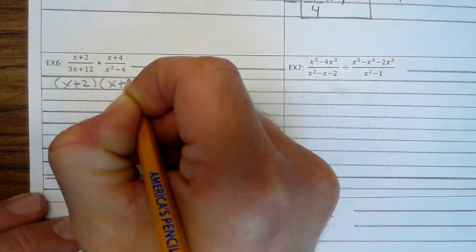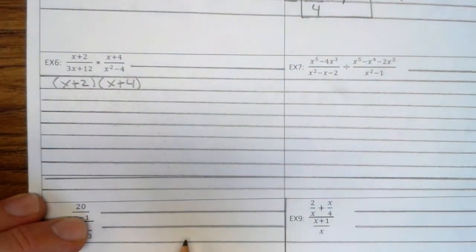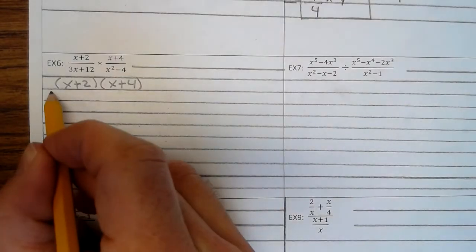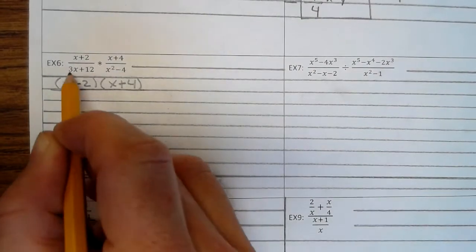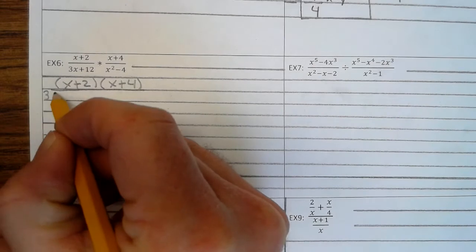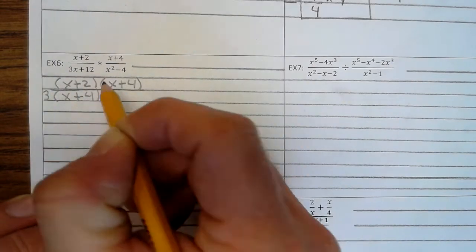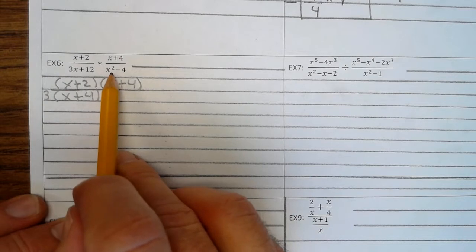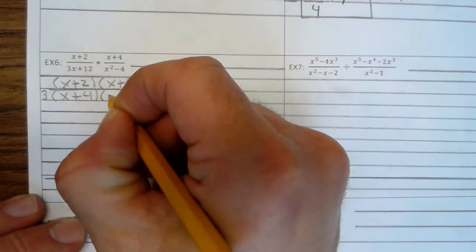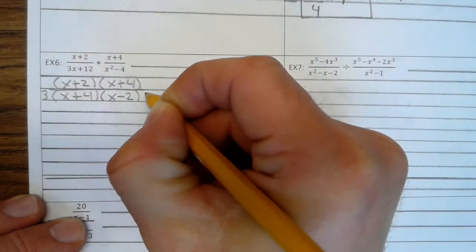And we're going to factor because we want to see if we can divide anything out. Well, we can factor out a 3 here, so that becomes 3 times x plus 4. And then this is the difference of squares, so that's factored to be x minus 2 times x plus 2.